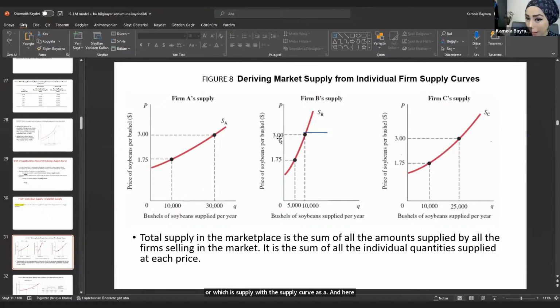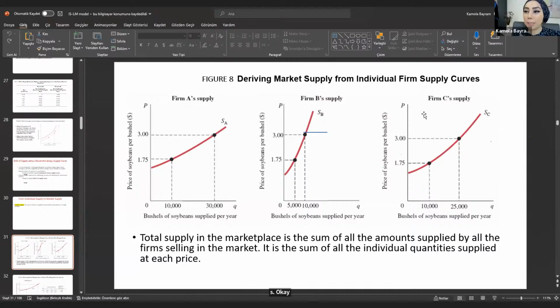Meanwhile, at the same price, firm B will produce only 10,000 bushels of soybean. So this is explained by what? Because firm B is a smaller firm. It has smaller resources. It has less manpower, less land, a smaller capital. So it is a smaller producer.